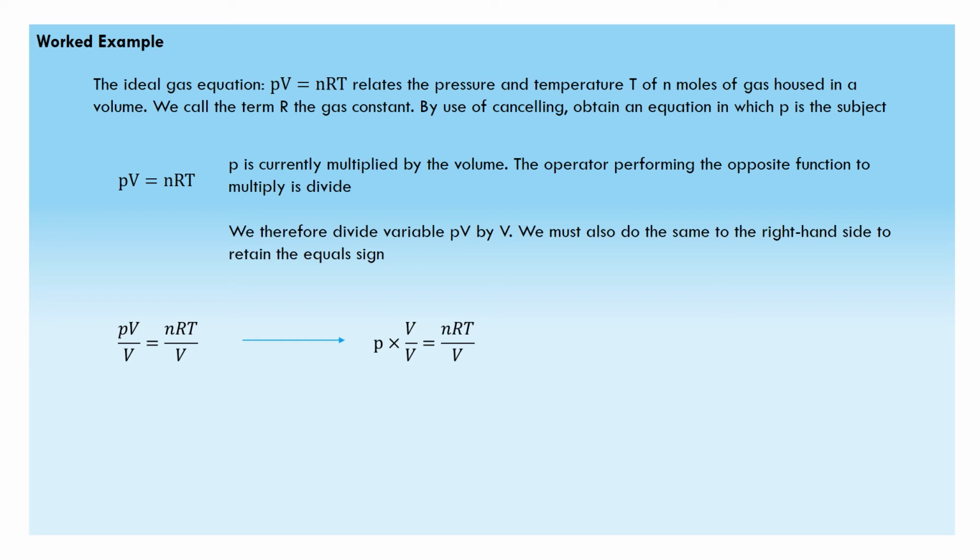So PV over V equals nRT over V. We can rewrite that as P times V over V equals nRT over V. We know that V over V will be 1, so P times 1 equals nRT over V. And simplified even further, that equation rearranges to P equals nRT over V.